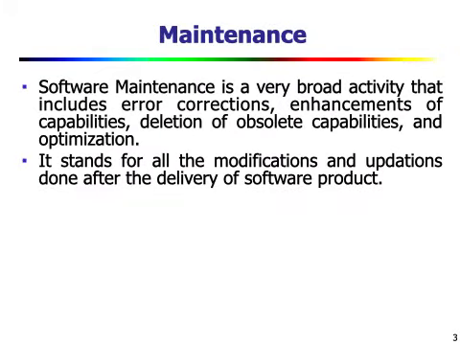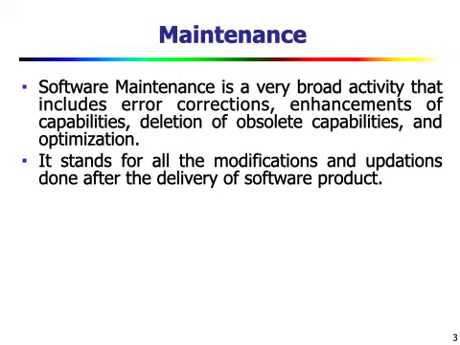Maintenance phase is a broad activity that includes error correction, enhancements of capabilities, deletion of obsolete capabilities, and optimization. Basically, it stands for the modifications and updations done after the delivery of the software product.